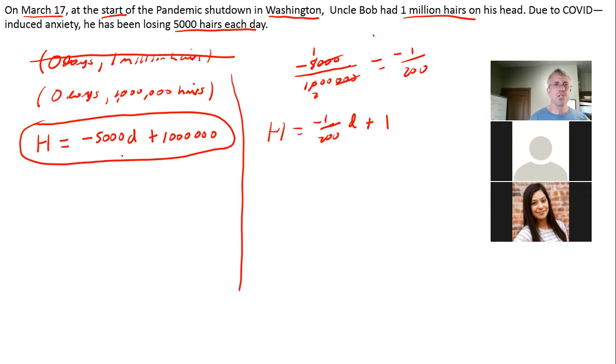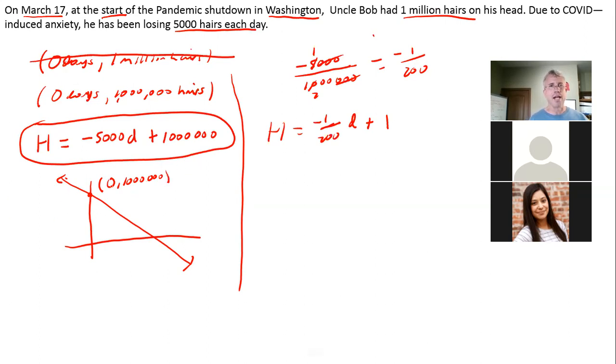Yes. So this one, if you do it, it's got a negative slope, doesn't it? So if I just graph the line, it's going to go like this. But here you've got an intercept that is input day 0, output 1 million. Right? And this is the days axis and this is the number of hairs axis.